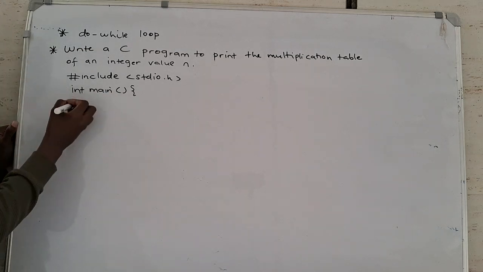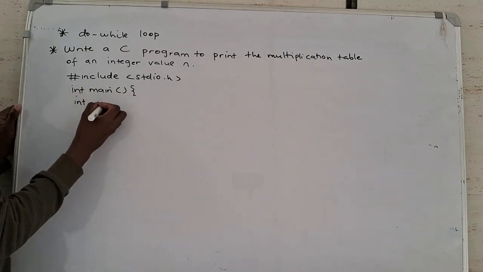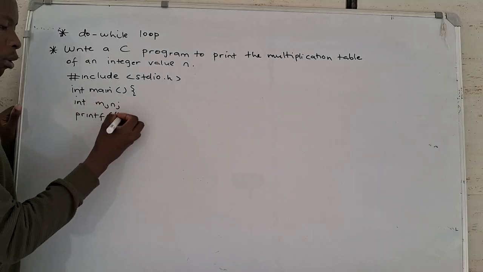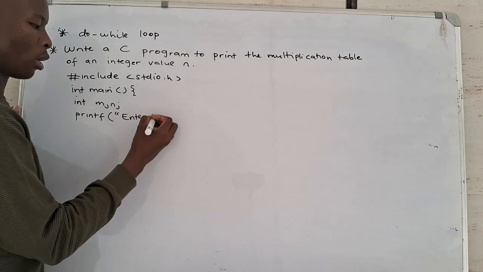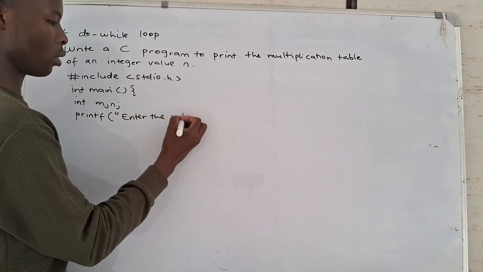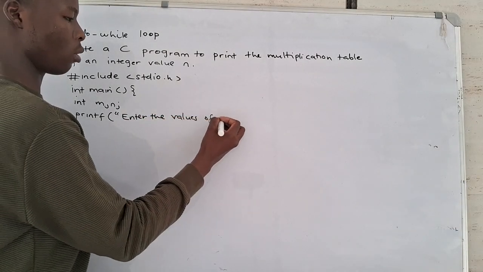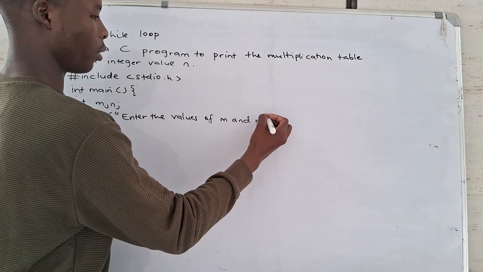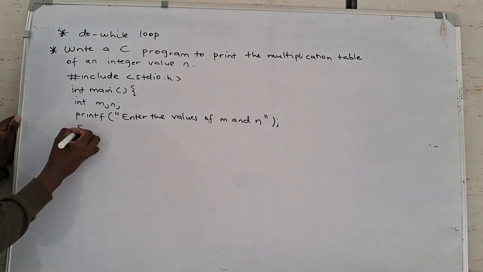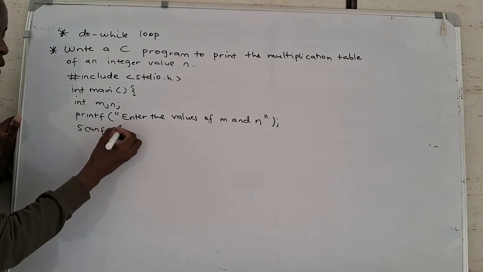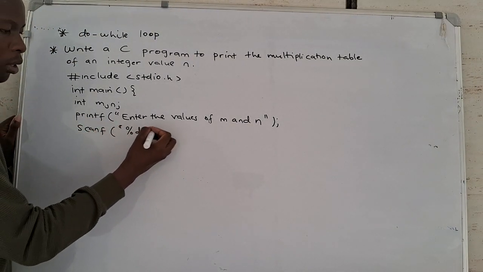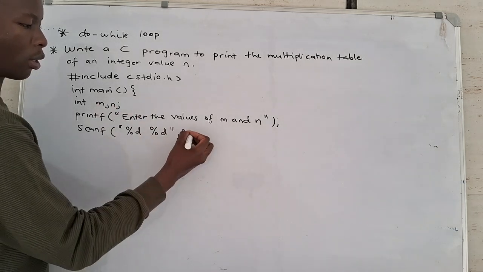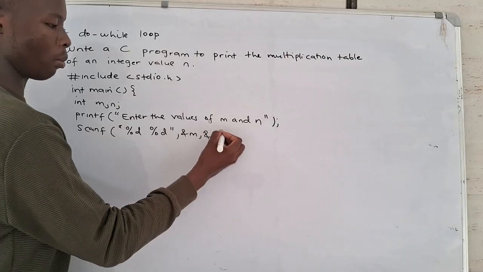Now this is int m, n; printf "enter the values of m and n". Okay, scanf "%d %d", &m, &n.